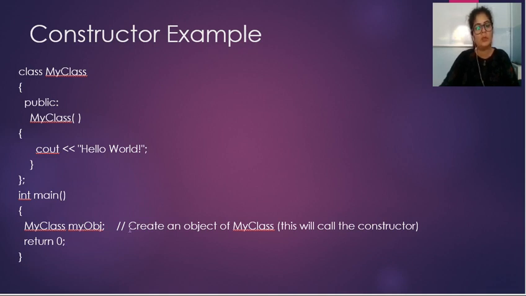Here it will transfer the call to MyClass, and in MyClass there is a message, hello world, and it will print that message. So it was all about how we can create a class and how we can create a constructor in a class. These are all very simple concepts. The main thing is you have to understand the syntax. You must know the syntax, how to create an object.